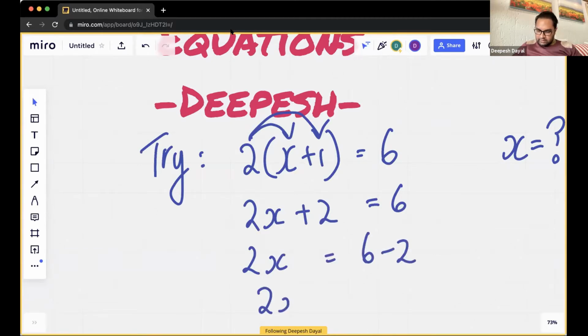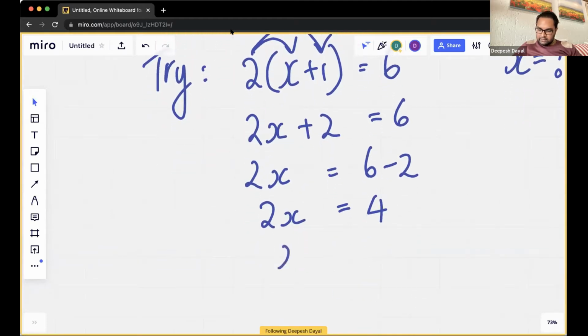So 2x equals 6 minus 2, which is 4. And then x equals 4 over 2. Remember, this is times. When we take it over, it becomes divide. Therefore, x equals 2. Well done, everybody that got 2, right?